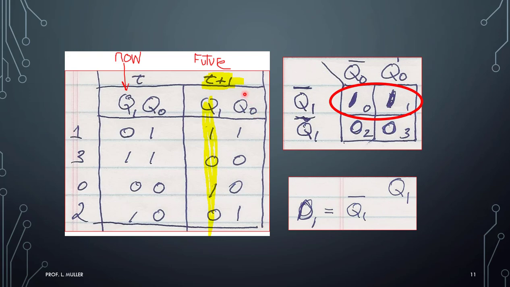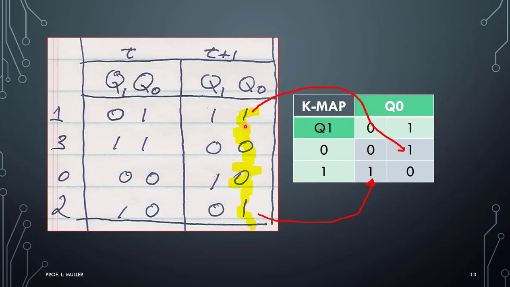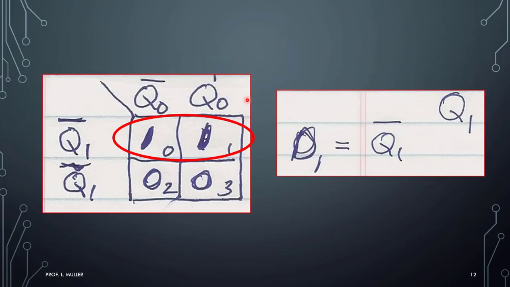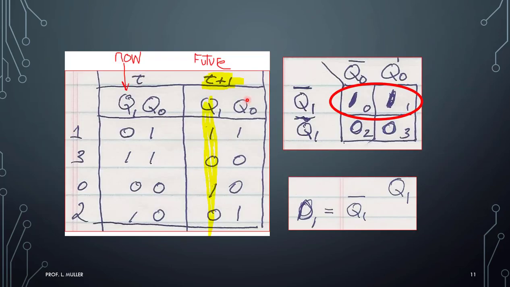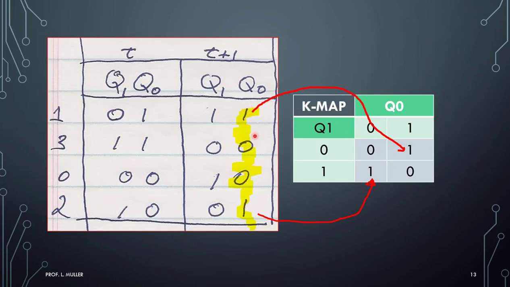I repeat the process now for Q0. Here we go, Q0. These two pictures are focused in right here to show you that both of these give me this. Now I go down this row.